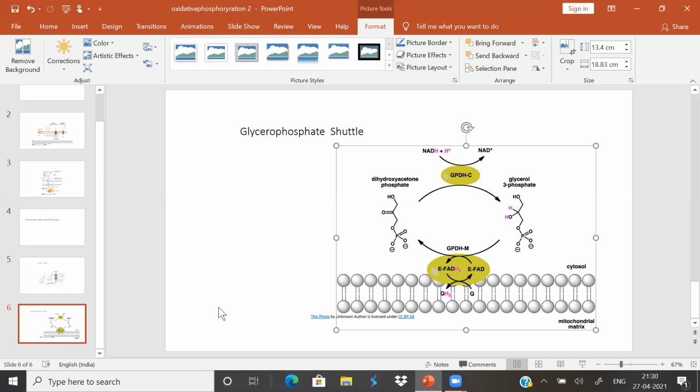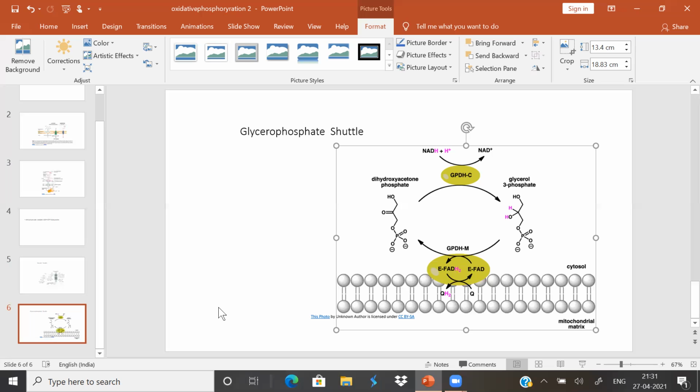So 10 protons will be translocated from different complexes into the intermembranous space. So 10 protons to 4 electrons, and the P/O ratio will be 2.5.